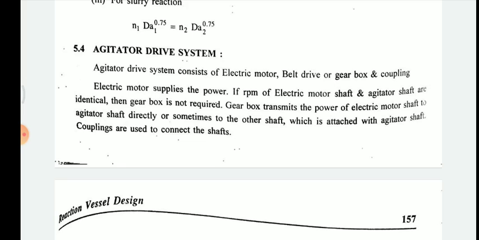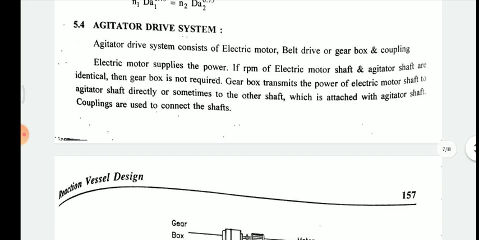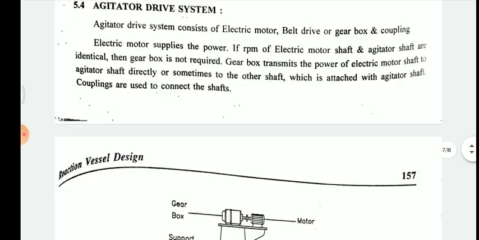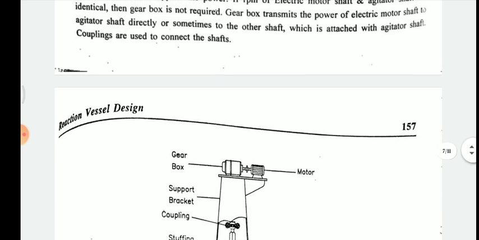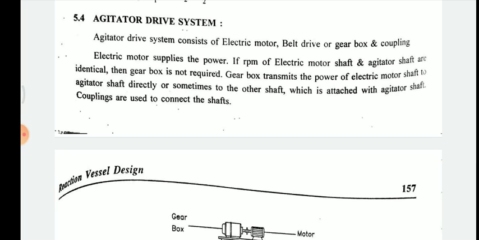That means the agitator drive may consist of first an electric motor, then a belt drive, or then a gearbox, and it requires a coupling. The electric motor supplies the power. If the rpm of the electric motor shaft and the agitator shaft are identical, then a gearbox is not required. Identical means they are connected directly with each other, so there is no need for a gearbox.